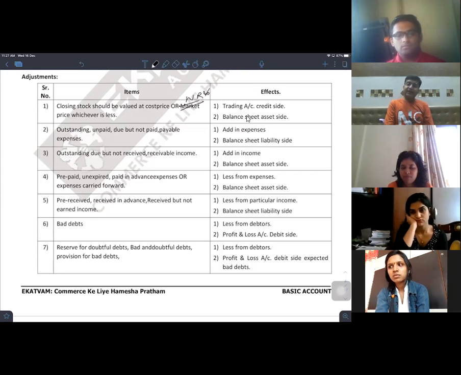Now, why are you expected to show it on the trading account credit side? Basically because the closing stock of one year becomes the opening stock of next year. So instead of every time reducing it from the purchases of the current year and adding it to the purchases of next year, we can simply show it as closing stock of this year and opening stock of next year.